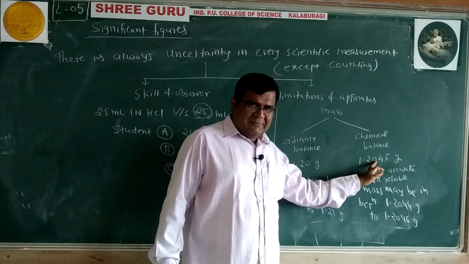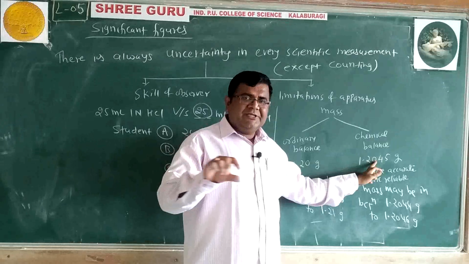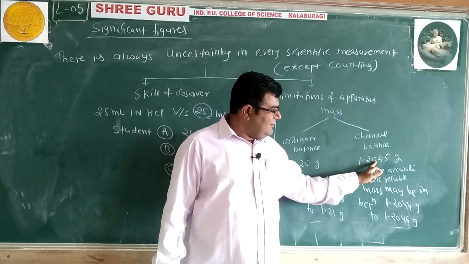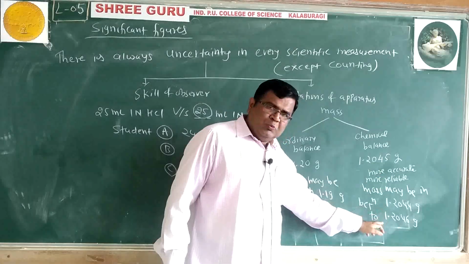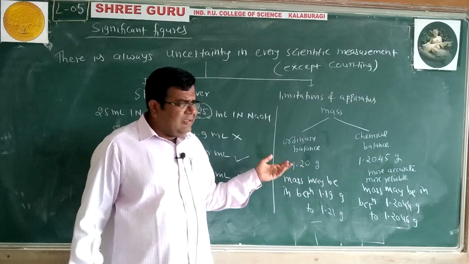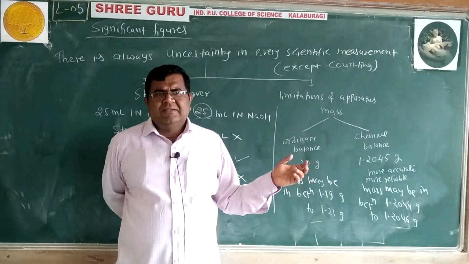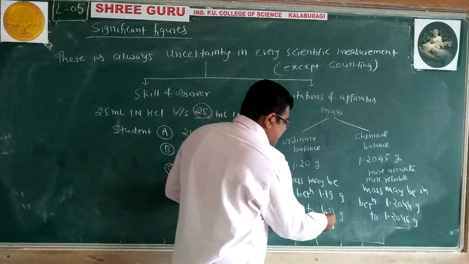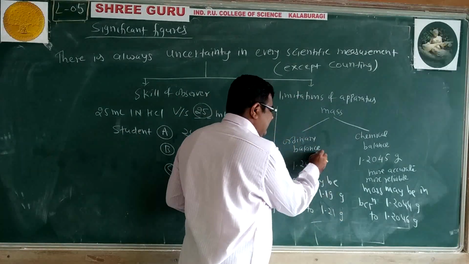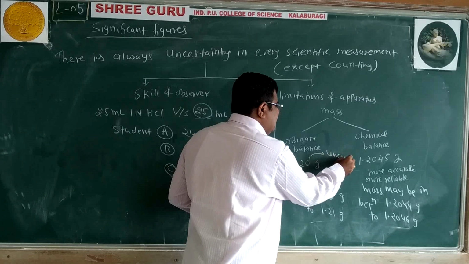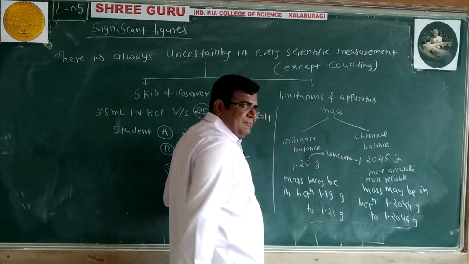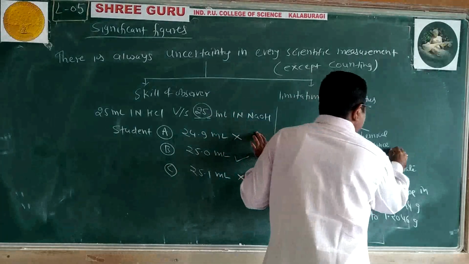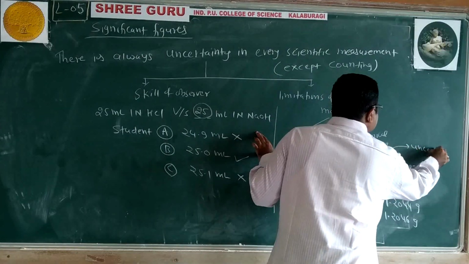This mass has been reported by that digital panel on that balance, but it may be in between these two. So every apparatus has certain uncertainty. The last digit we can say is uncertain here, which is 0 here, and in this case this is uncertain.